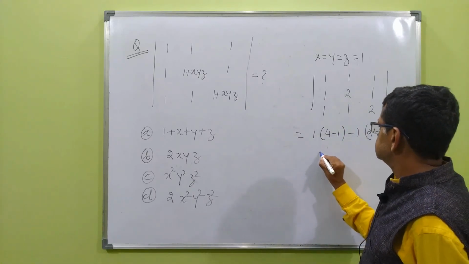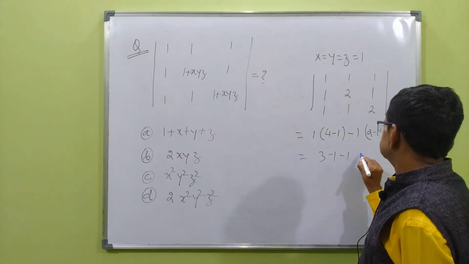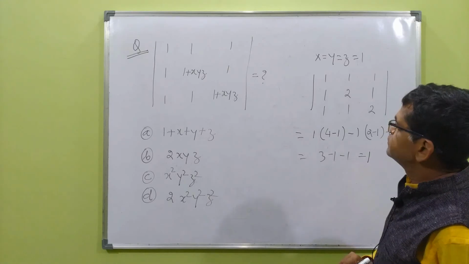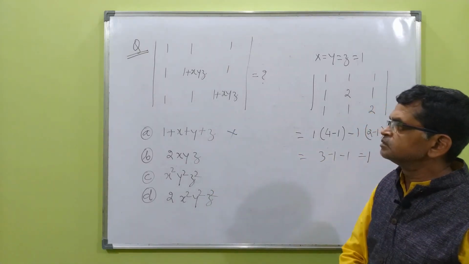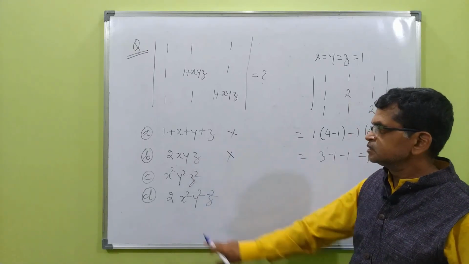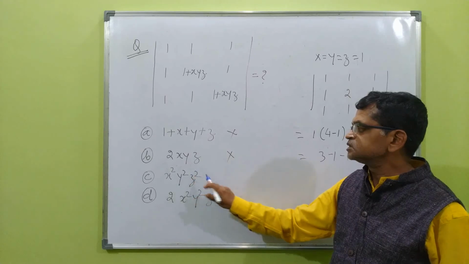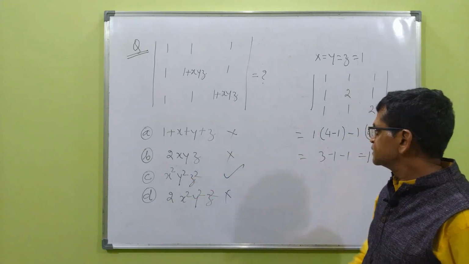This is 3 minus 1 minus 1 is equal to plus 1. So which is plus 1? This cannot be plus 1. This will be 2, cannot be plus 1. It is 1 square into 1 square into 1 square. So C is the correct answer. Okay.